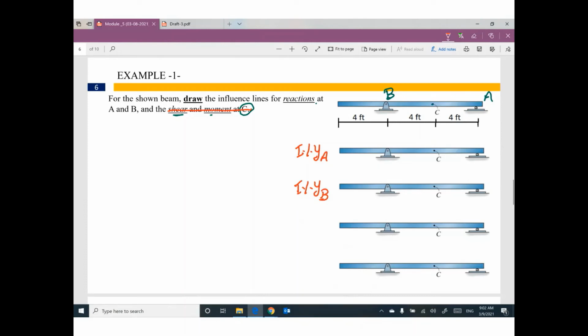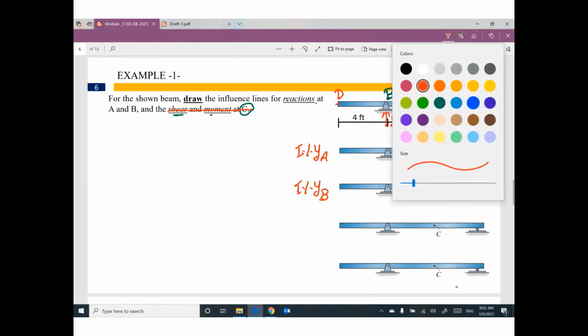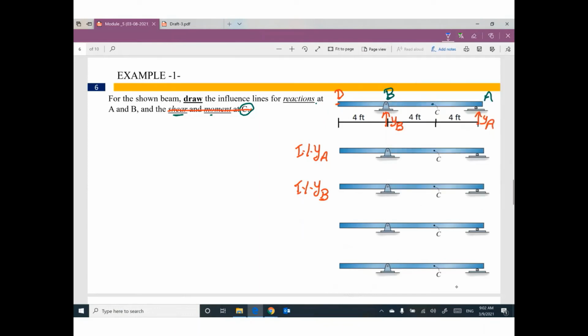This beam, which is called A, B, and this end we can call it D, for example. This beam has one reaction here, YB, and one reaction here, YA. I understand that many of you will say, hey, this hinge has horizontal reaction called XB. You didn't mention anything about XB.